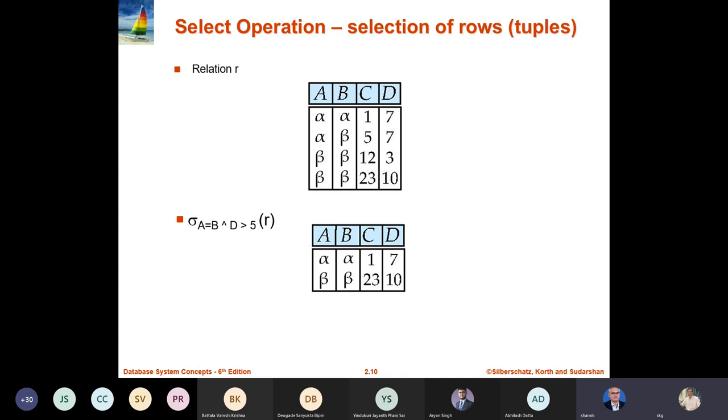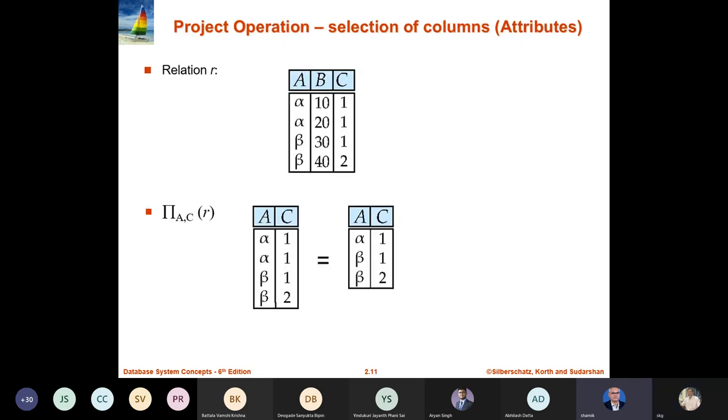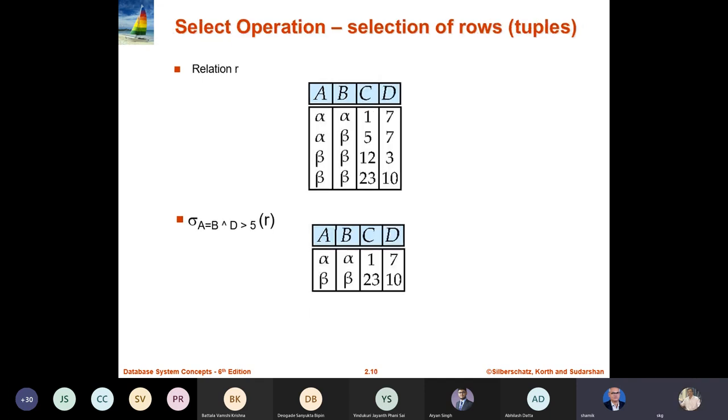If this is a single table, fine; if there is more than one table, then we'll have some join and then select those tuples which satisfy the condition. Another operation is project. Considering a relation R, in select the attribute set remains the same in the input and output tables, whereas the number of tuples changes.